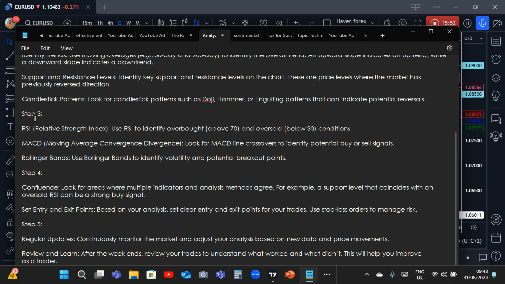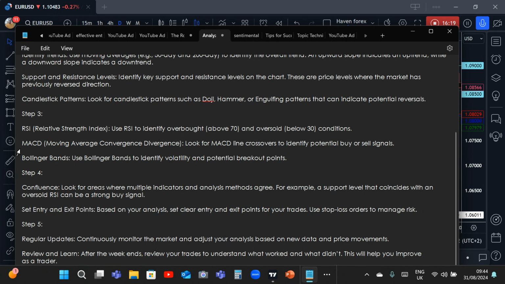All these are indicators, all these are patterns that you can use to identify oversold and overbought conditions. Above 70, you say it is overbought. Below 30, you say it is oversold.